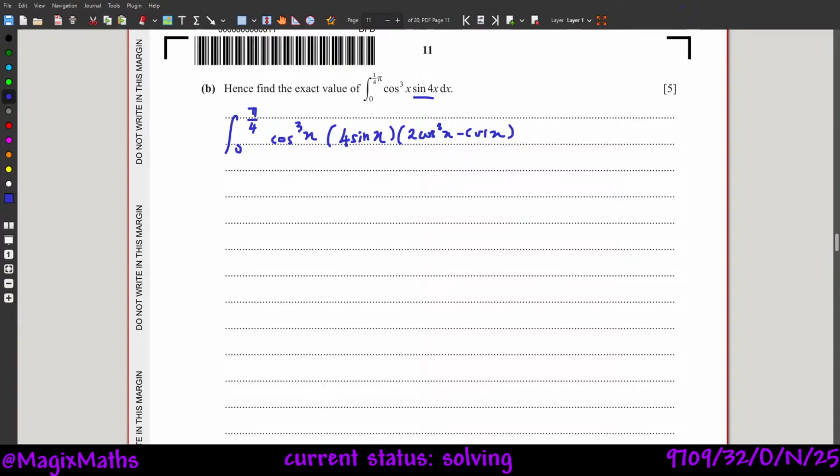And then what? If I'm going to expand this, we will have 4 sine x cos 7x times 2 cos 7x minus cos x.